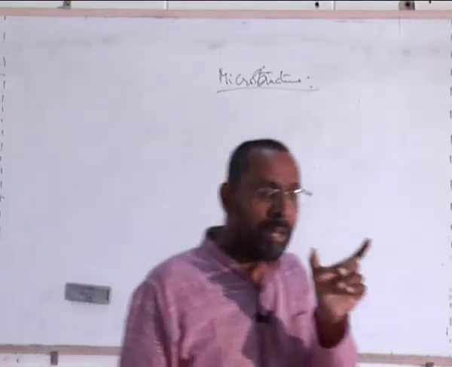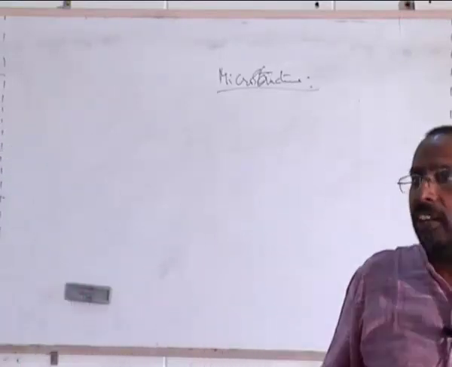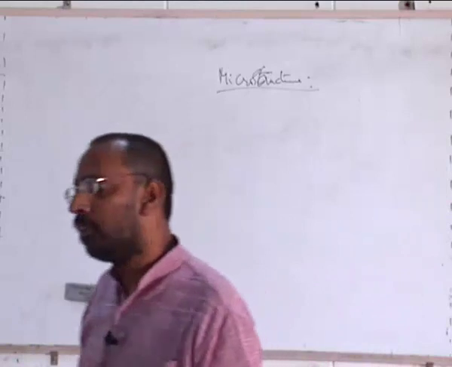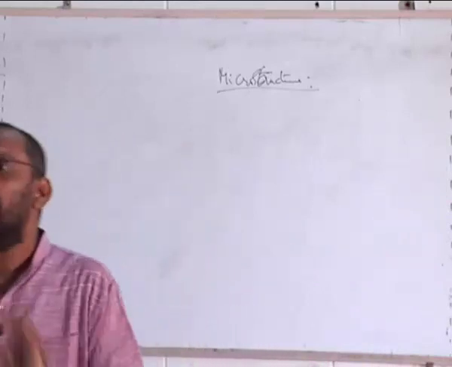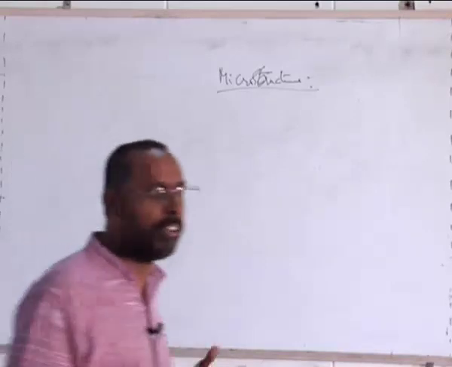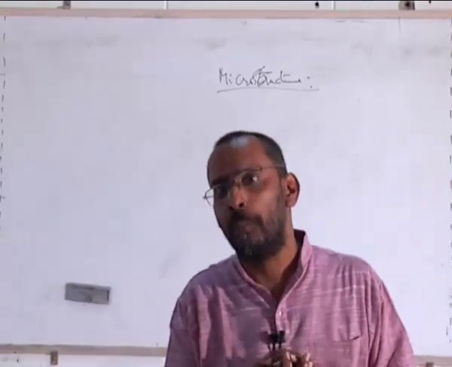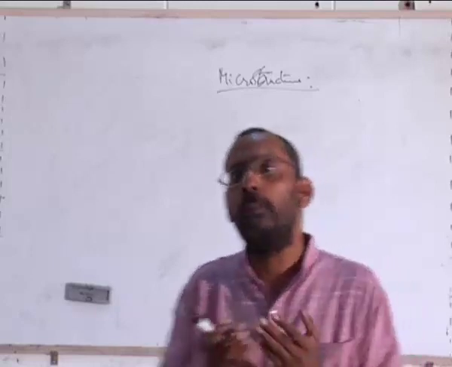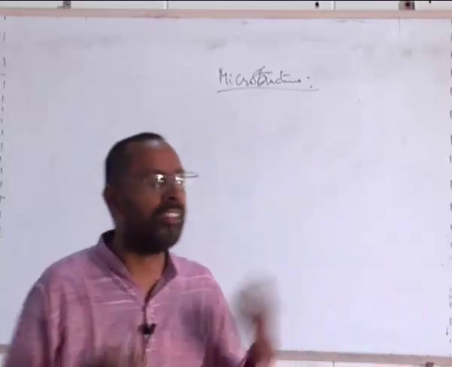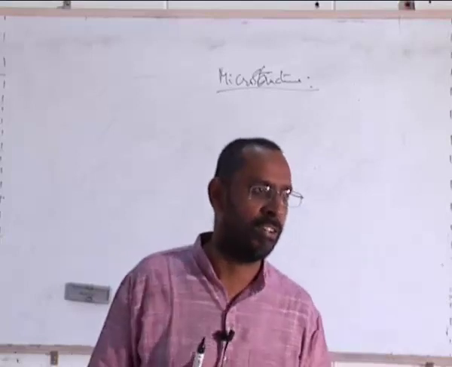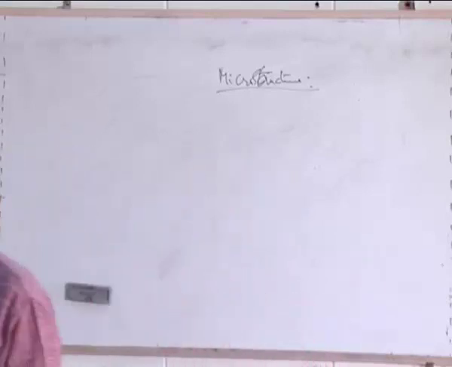So if you want to see a dislocation, the dimension of a vacancy is the dimension of an atom, right? What is a vacancy? One atom missing. So if I want to see a dislocation, I should be able to go to a resolution of a microscope where I should be able to see atoms. If I can see an atom, I can see a vacancy. I can see a dislocation. So that is what brings us to what is called microscopy. So far we talked about grains.